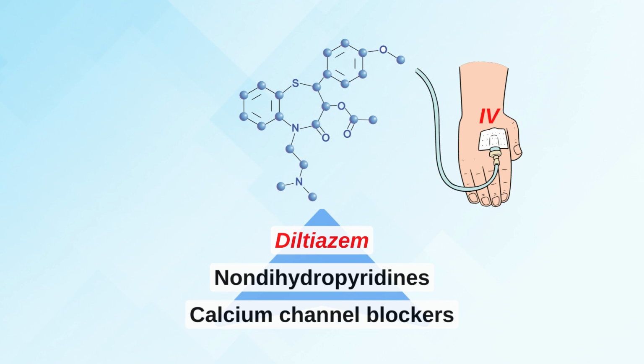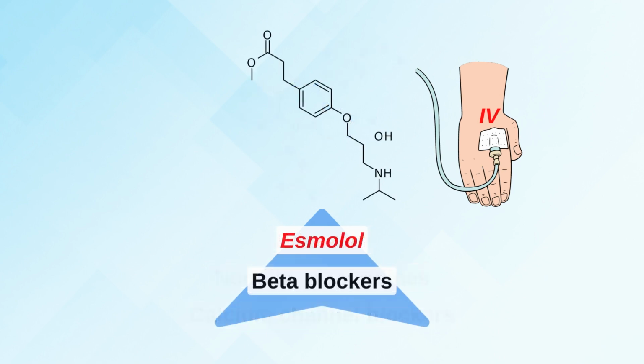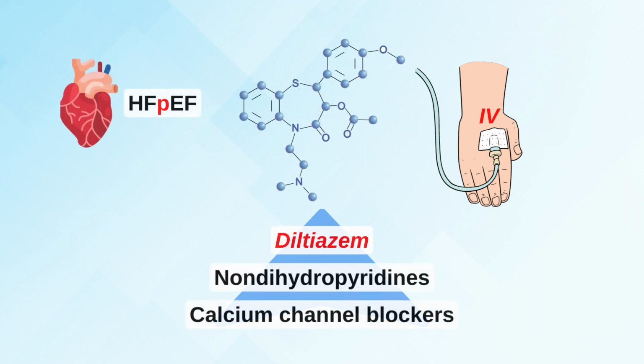This is called diltiazem, and we will give it intravenously, so in the vein. If we use a beta blocker, it's called esmolol, for example, and also intravenously. And we have seen that this calcium channel blocker, diltiazem, is very, very good. And this is, as we said, in preserved ejection fraction.